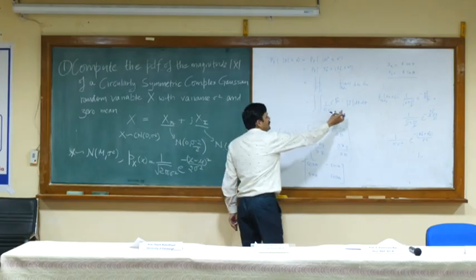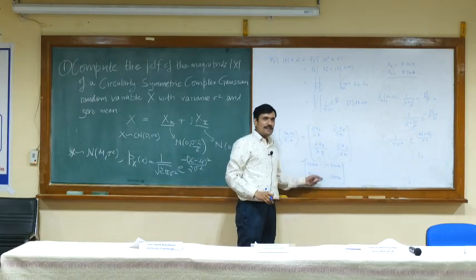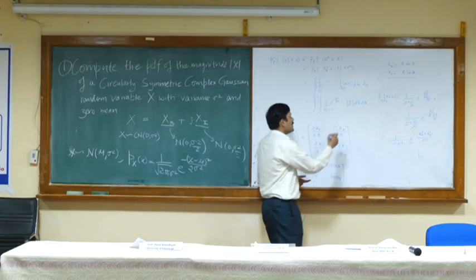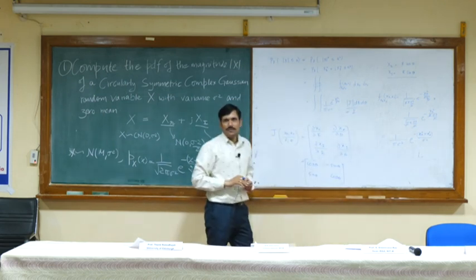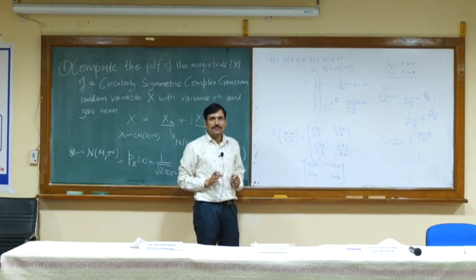Now if I take the absolute value of this, what will I get? Cos square theta plus sin square theta is 1. So the determinant value is equal to 1. Okay? Everybody following?